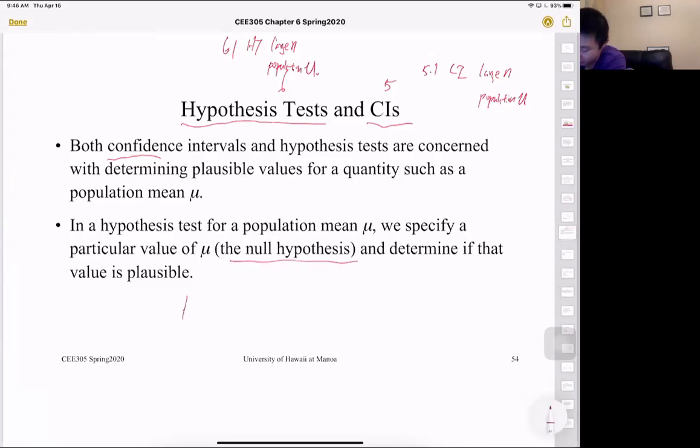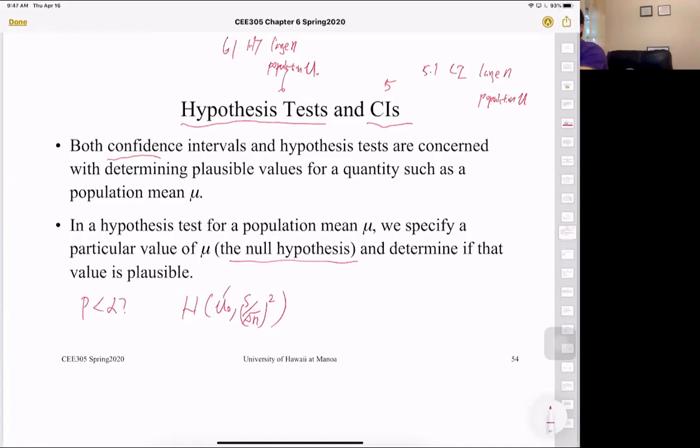For example, a certain value, such as mu0, and determine if that value is plausible by comparing p-value and alpha.